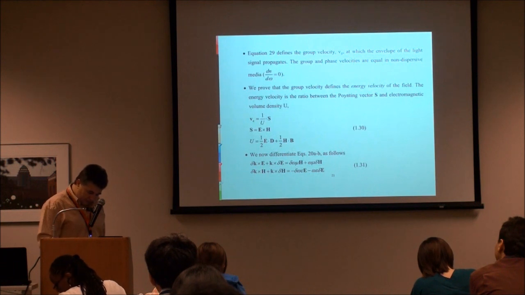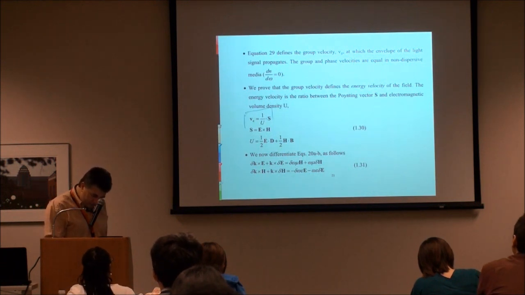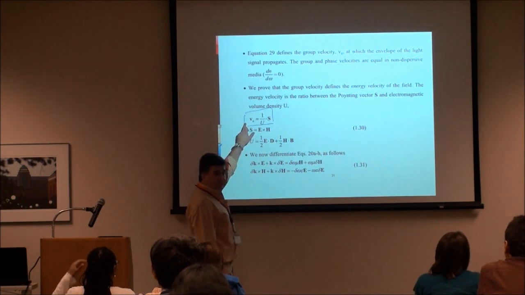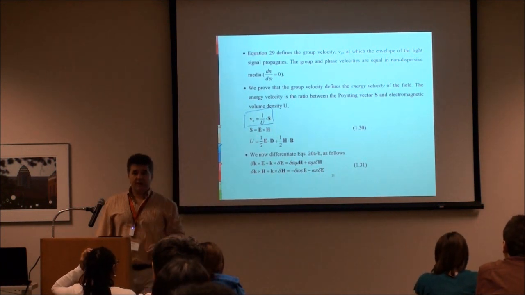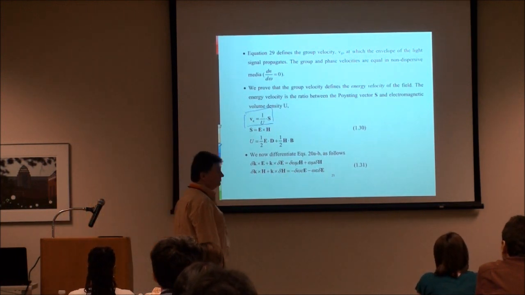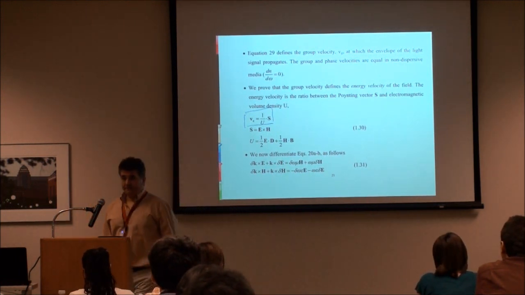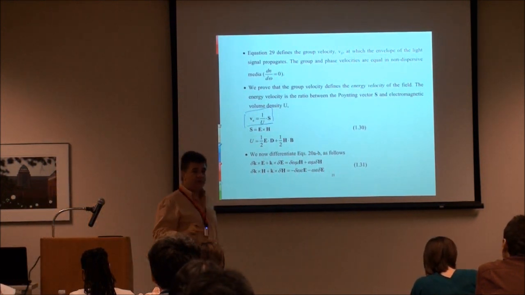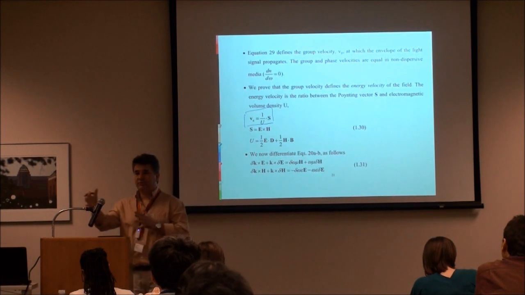Okay. I'm not going to go through this derivation, but I think it's interesting. You can show rigorously that actually the group velocity is the energy velocity. Let me say that one more time. The group velocity that we just defined, we didn't talk about energy at all. What happens to the energy?